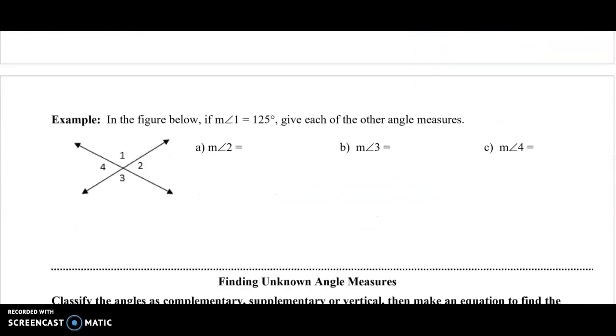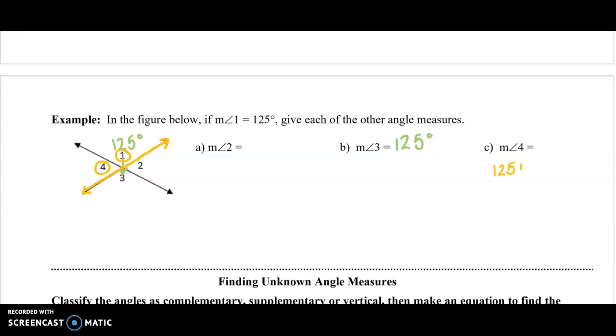In the figure below, if the measure of angle 1 is 125 degrees, give each of the other angle measures. So angle 1 is 125 degrees. Right? That automatically means I know that angle 3 is also going to be 125 degrees because they're vertical angles. Now to figure out what 2 and 4 are going to be, you can do this either way, it doesn't matter, but that's a straight line, which means angles 1 and 4 have to add up to 180 degrees.